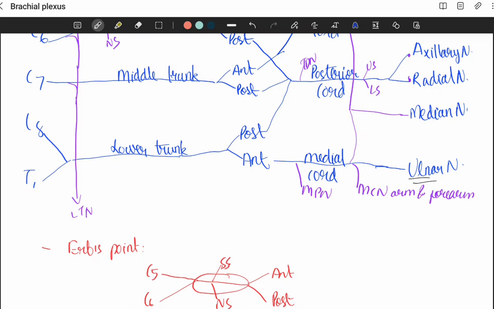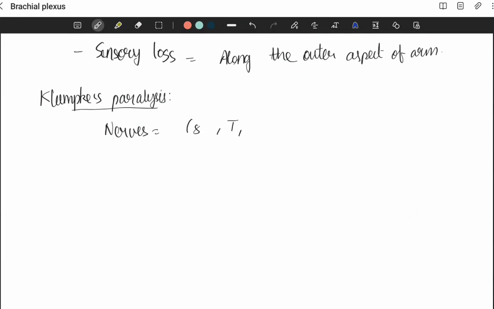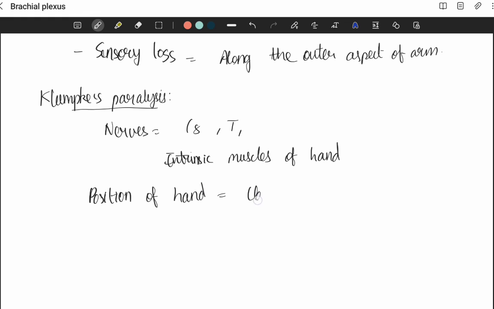Accordingly, the muscles affected include intrinsic muscles of the hand, and its special position of the hand is called claw hand. Sensory loss is along the medial border of forearm and hand.